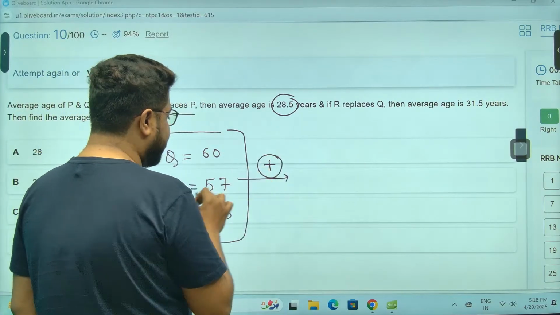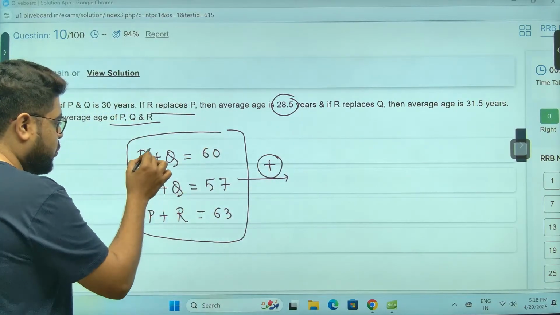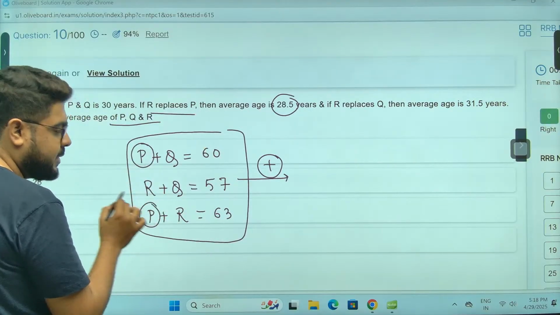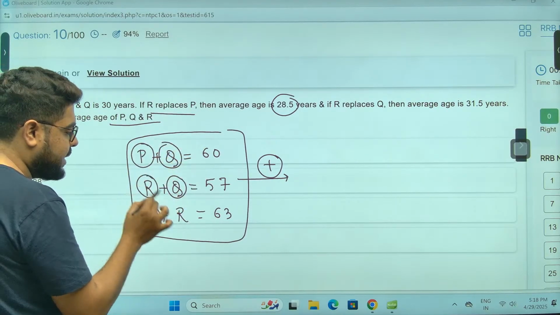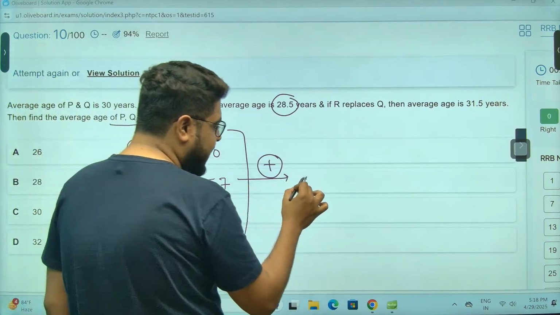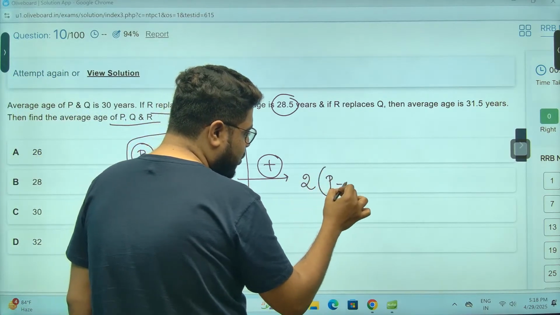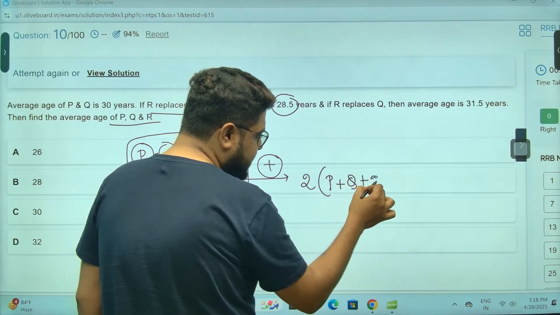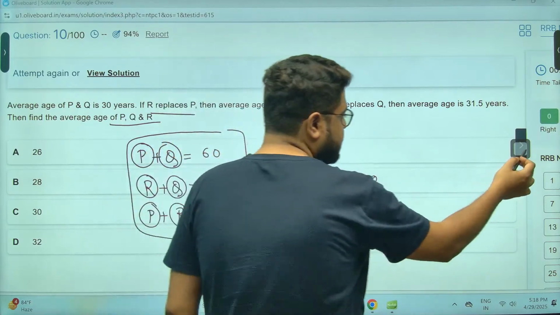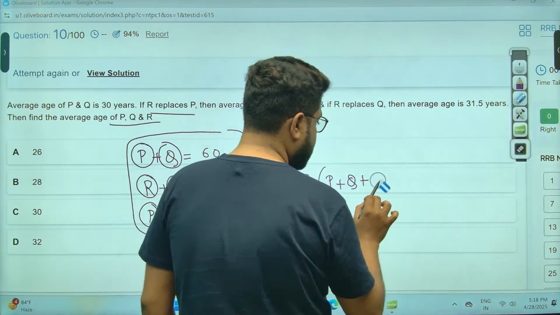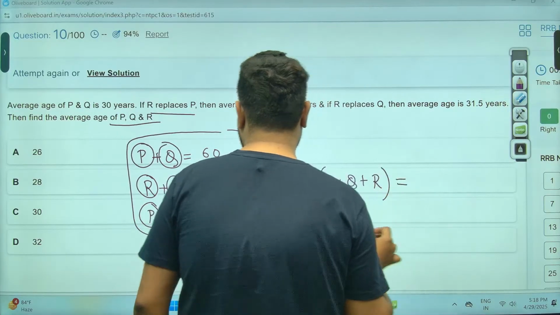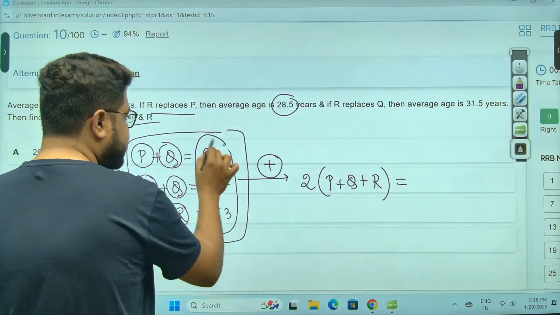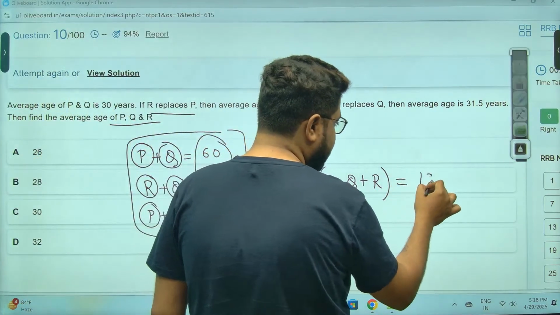You will get 2 times P, 2 times Q, 2 times R. And that sum, 60 being the average, is 180.